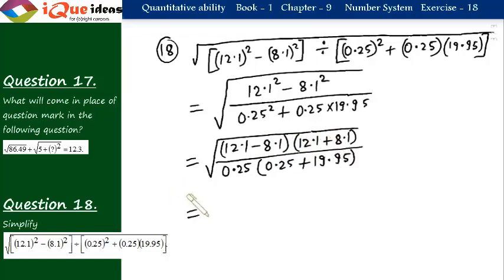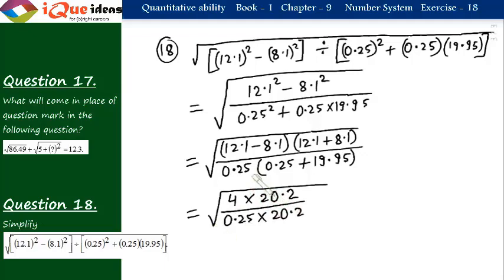Alright. Now simplify. 12.1 minus 8.1 will be 4 into 12.1 plus 8.1 will be 20.2 divided by 0.25 into 0.25 plus 19.95 would be equal to 20.2.